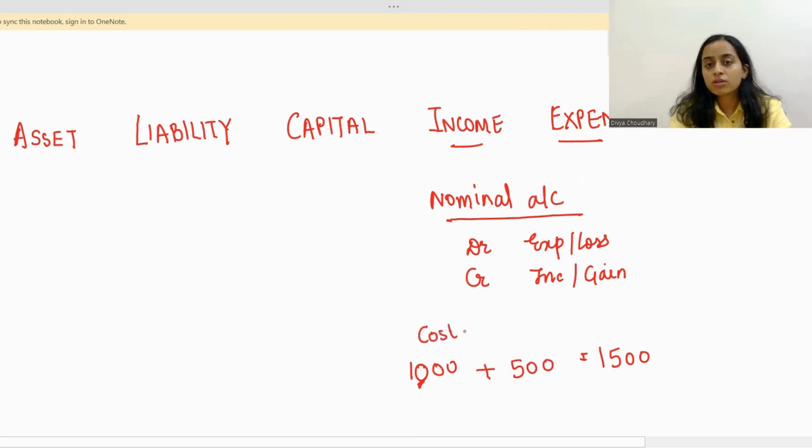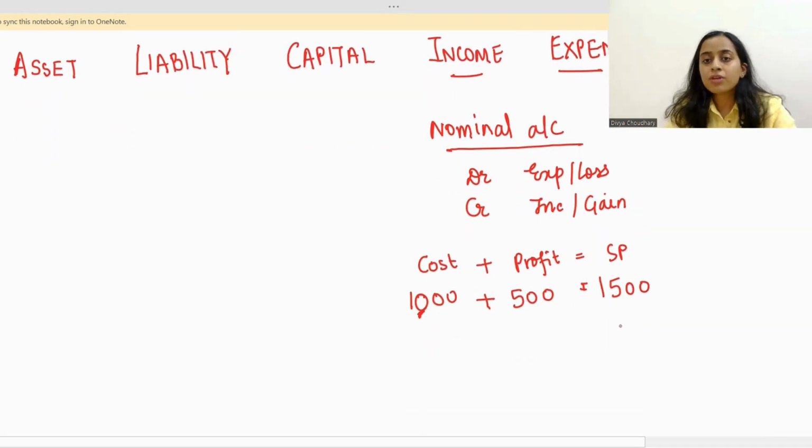This is our cost, 500 is our profit, and 1,500 is our selling price. So that makes 1,500 as income, 500 as gain or profit, and 1,000 as expense.